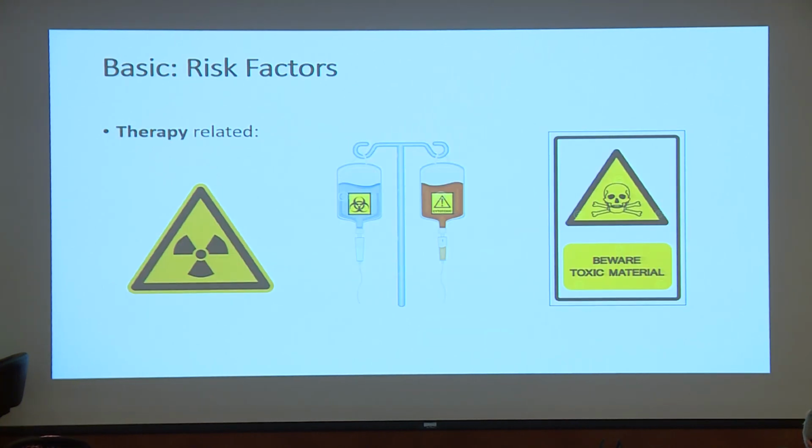Again, some patients are at risk to develop MDS, especially those who receive genotoxic treatment like radiotherapy or chemotherapy for prior cancer, or even normal people who are exposed to environmental toxins.